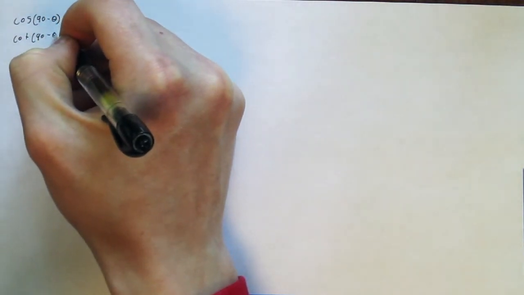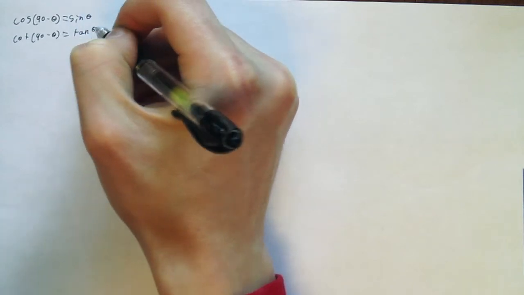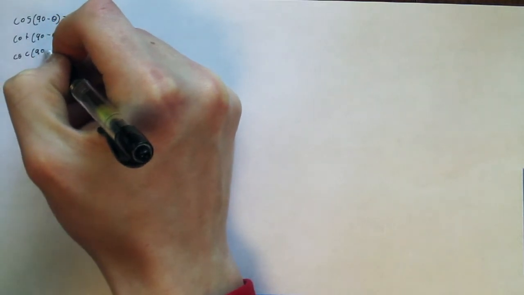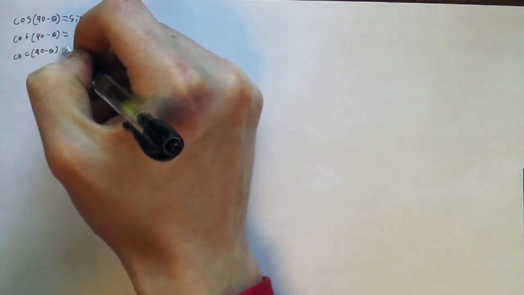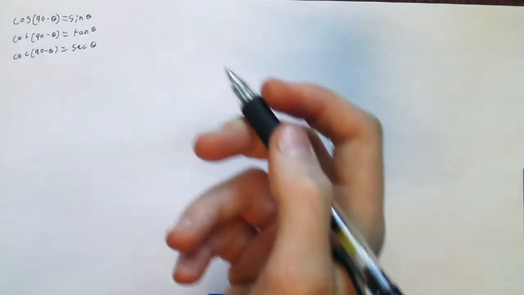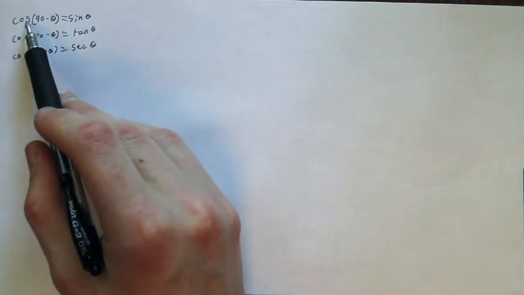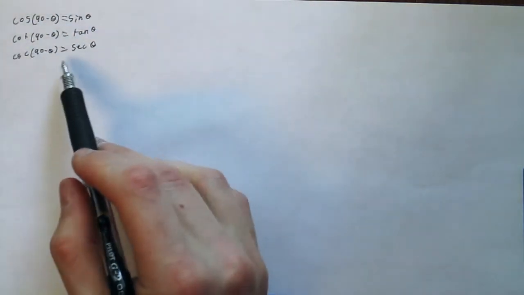So cotangent of 90 minus theta is equal to tangent of theta, and cosecant of 90 minus theta equals secant of theta. And the same for all the other ones. So sine of 90 minus theta is equal to cosine, and just the other way around. It still works.